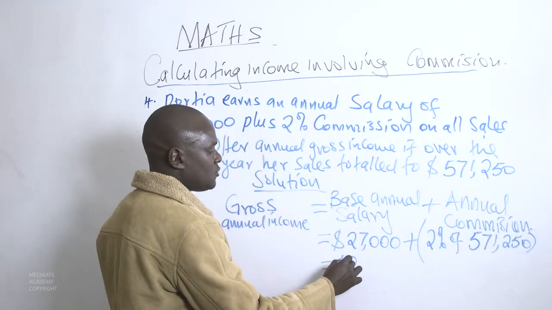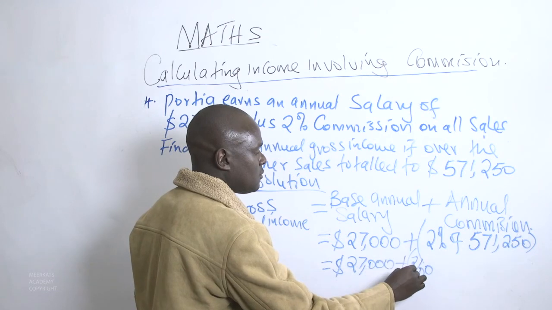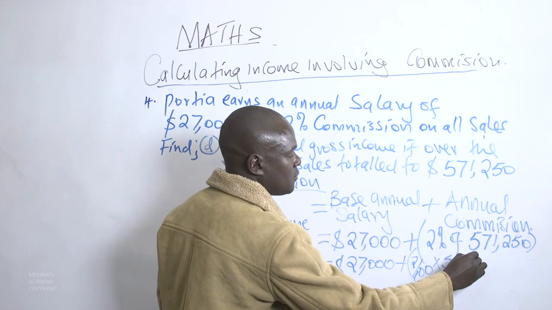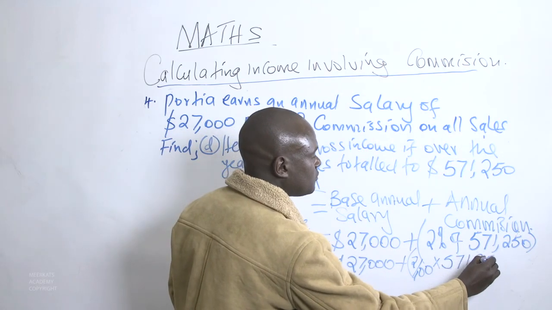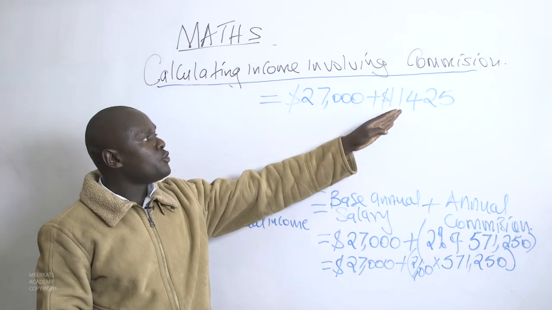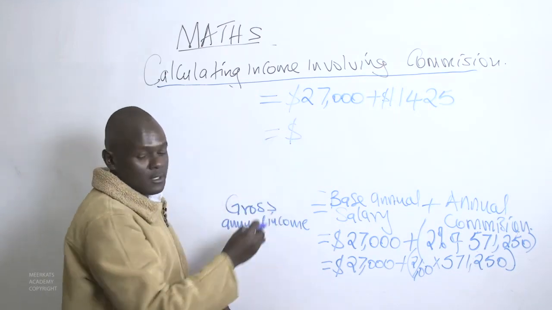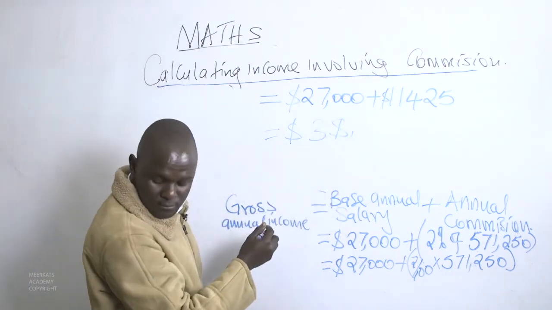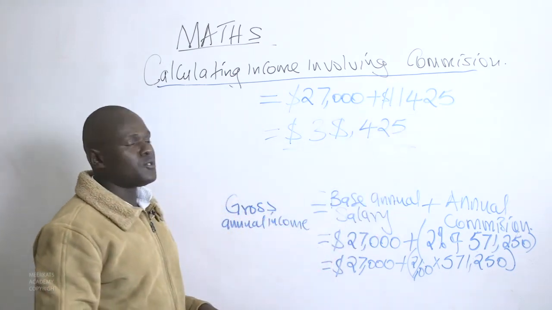So this will give us her annual commission of $11,425, and this will give us a total of what she will earn.